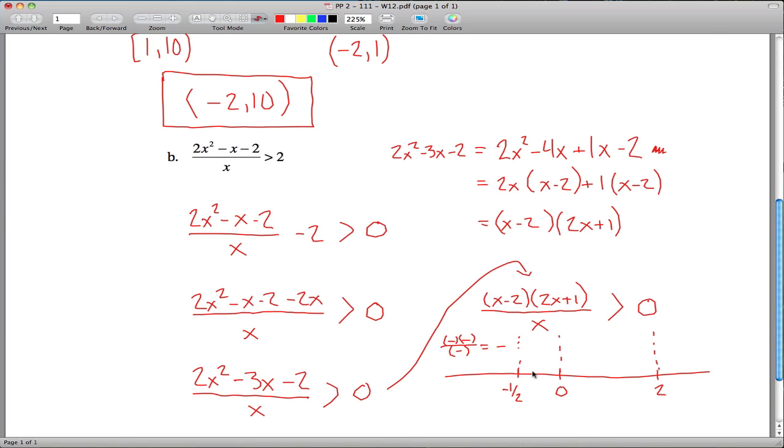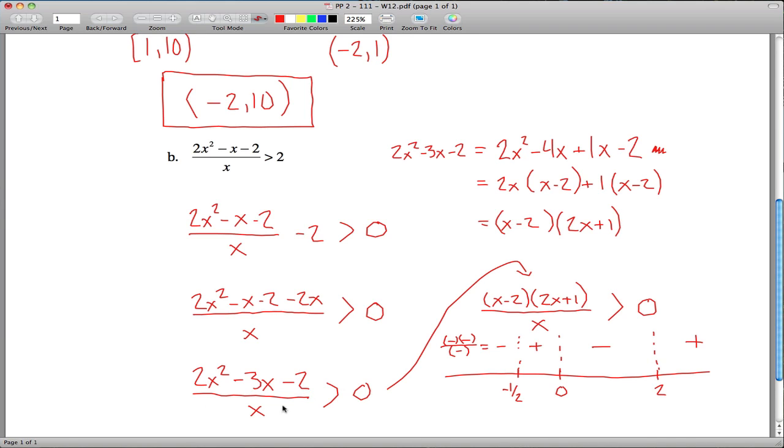Over here, if we're in between these two values, what I guess like -1/4, this would be negative, this would be positive, this would be negative. So that ends up with a positive sign. Sticking in 1, negative, positive, positive, gives you a negative. Sticking in 3, positive, positive, positive, gives you a positive.